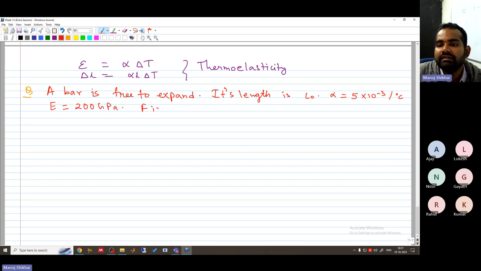They're asking to find the strain. L naught is suppose 5 meters.